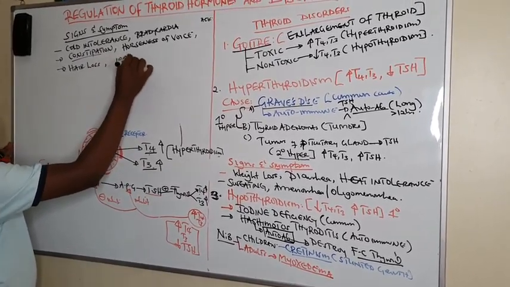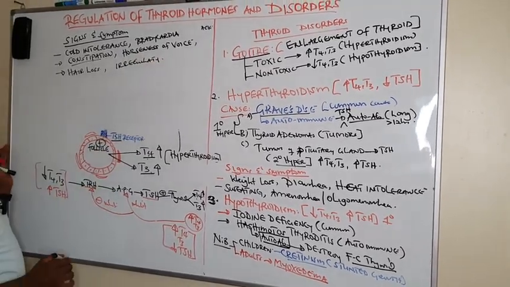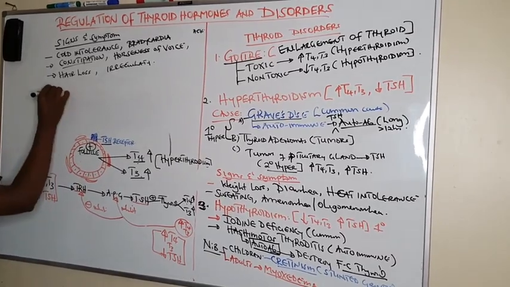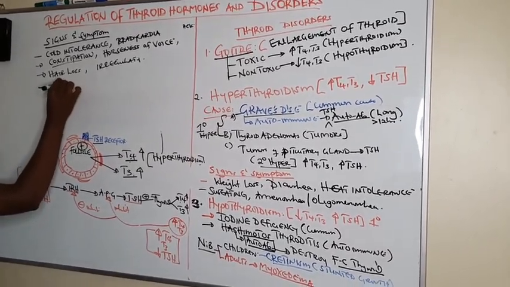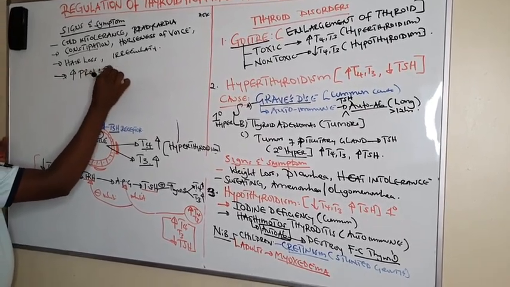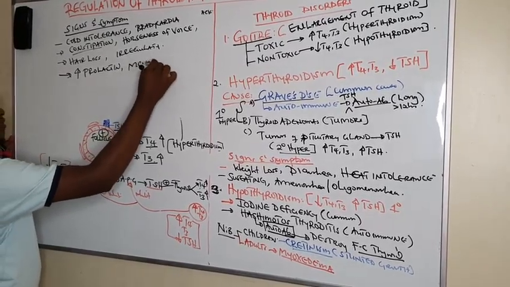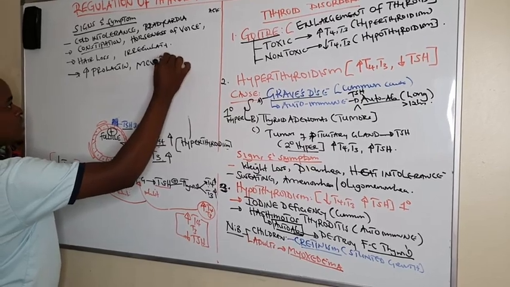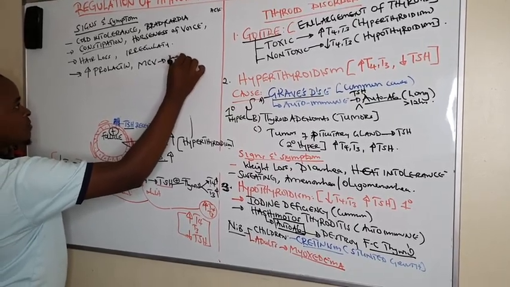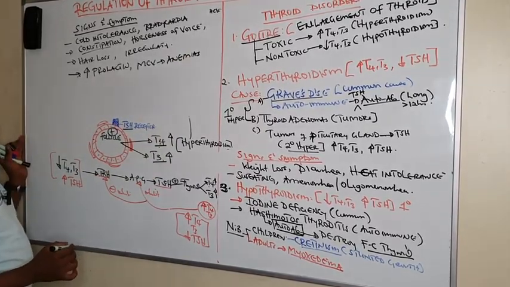We have irregularity in menses. And this one is characterized by increased levels of prolactin, increased levels of MCV, so someone can suffer from what we call macrocytic anemias. Macrocytic anemias can also be there.